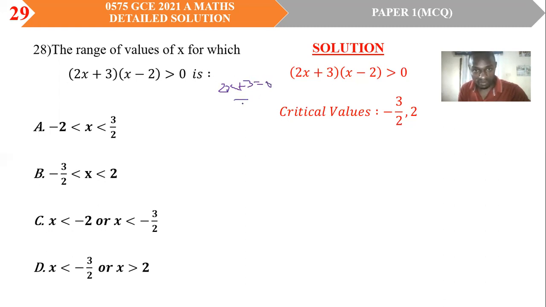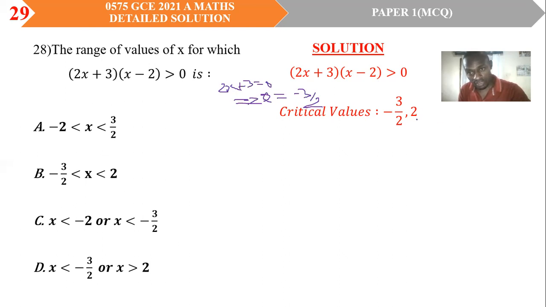And when that is done, this will imply that x will be equal to negative 3 over 2, which is this critical value.